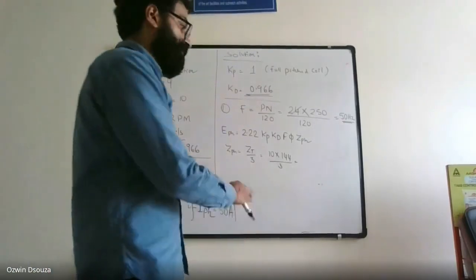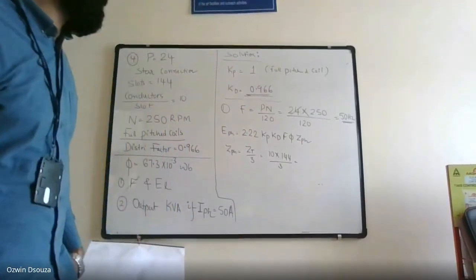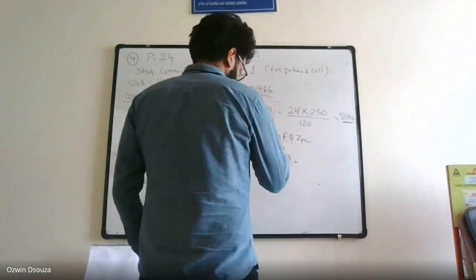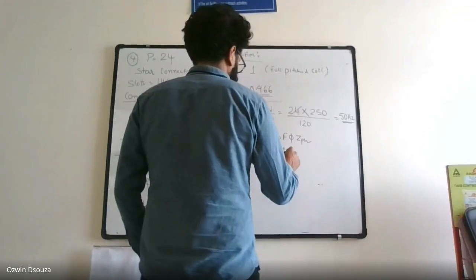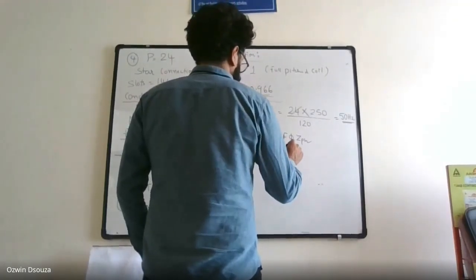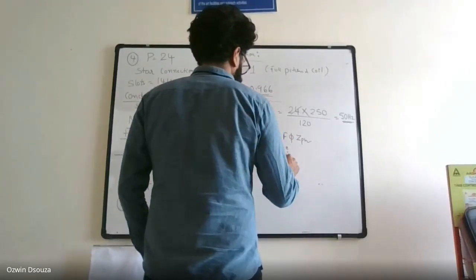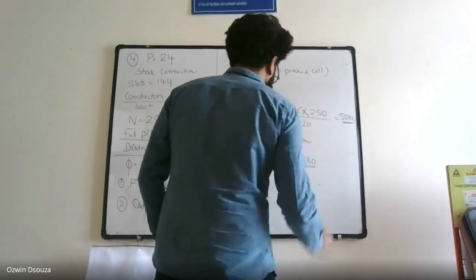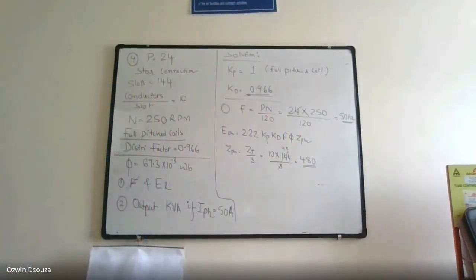Z phase we get as, one of you can tell me. 480, right? Is it correct? Z phase 480.